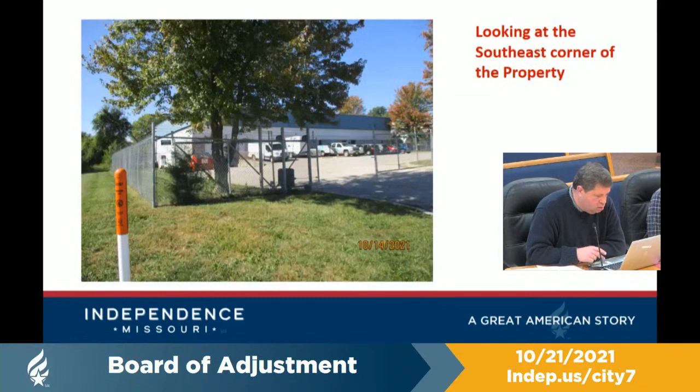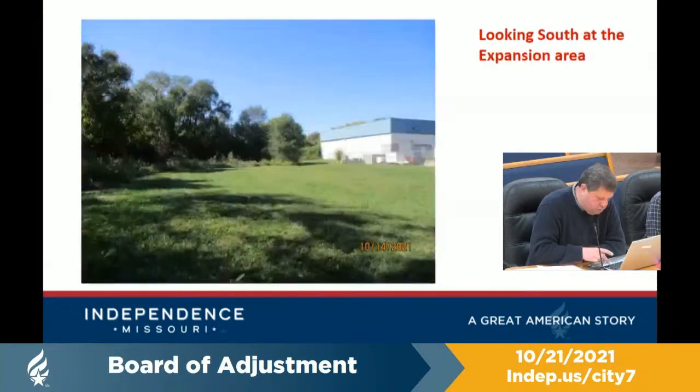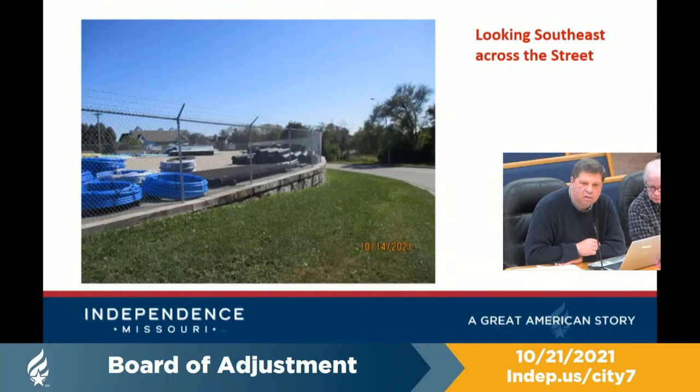And then this is their property, looking at it from another angle again, and another view of the fence. And if I pivot around 180 degrees, this is what I'd be looking at, roughly. And that's the existing fence across the street that, by the way, got a variance.